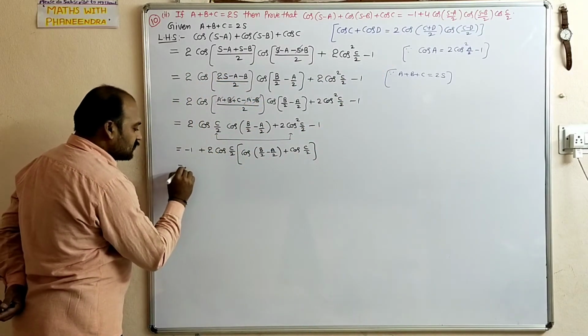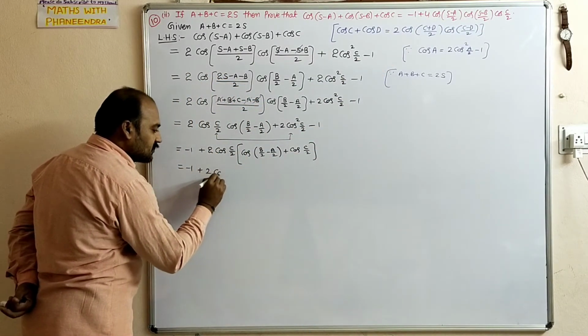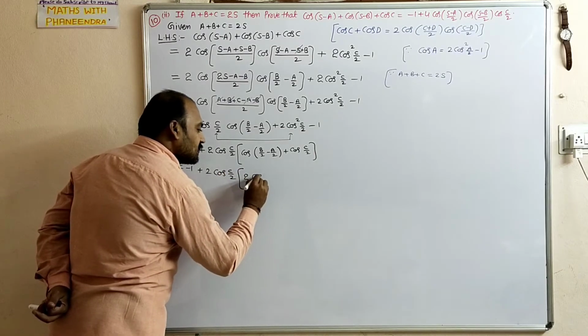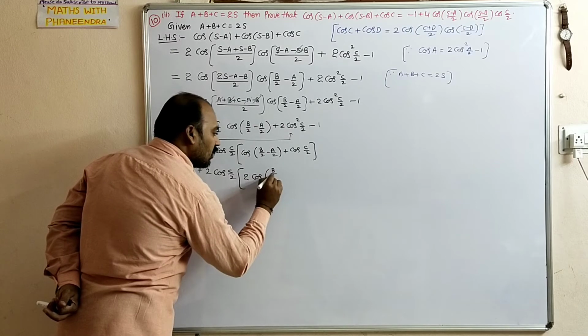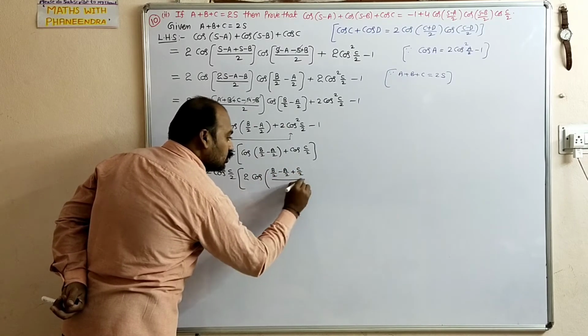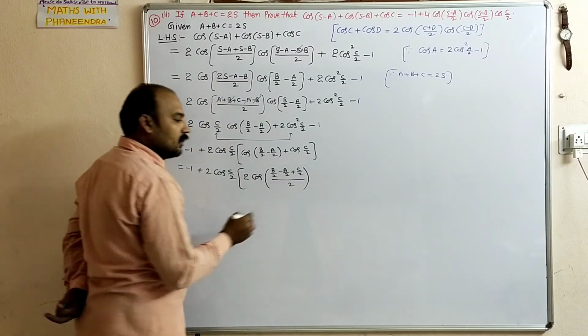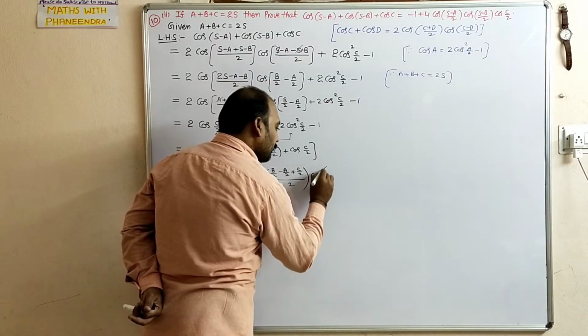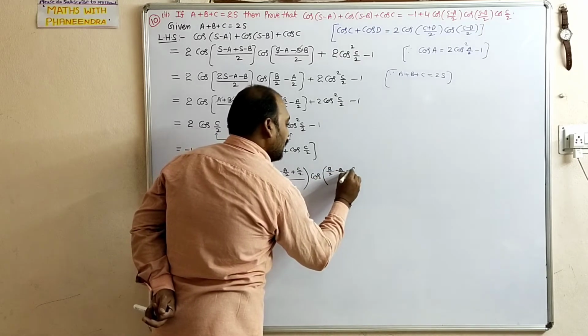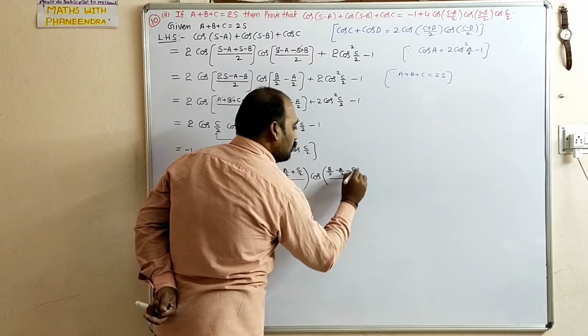So it will become minus 1 plus 2 cos C by 2, 2 cos of (C plus D) by 2, with b by 2 minus a by 2 plus C by 2, all divided by 2, cos of (b by 2 minus a by 2 minus C by 2) divided by 2.